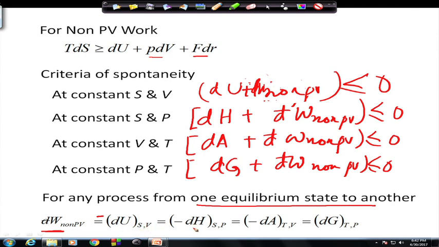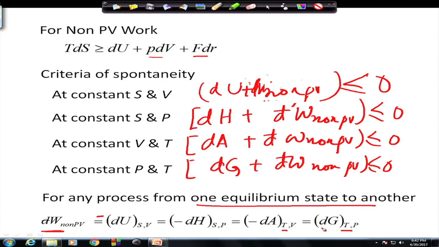If the process occurs under constant entropy and pressure conditions, then it is the decrease in the enthalpy. Usually the processes occur at constant temperature and volume or constant temperature and pressure conditions, and under these conditions the amount of non-PV work that can be obtained from a system is equal to the decrease in the Helmholtz free energy or the Gibbs free energy of the system.